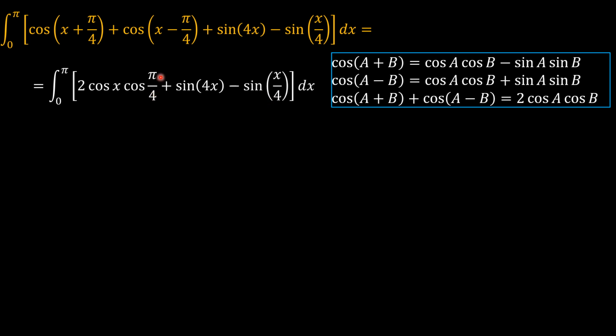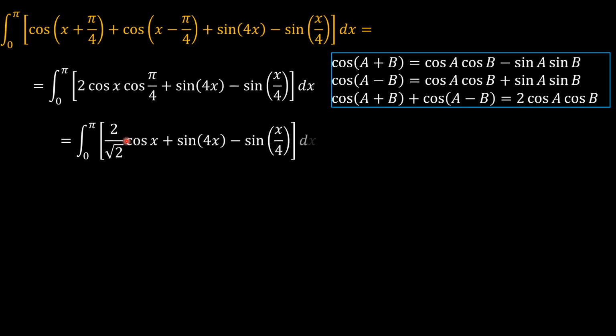And cosine pi over 4 is root 2 over 2, which is straightforward, or 1 over root 2, however way you want to do. 1 over root 2 is what we chose. Probably root 2 over 2 would have been a much easier way of looking at it. So you have root 2 over 2 times 2, which is just root 2. But whatever works for you is okay.